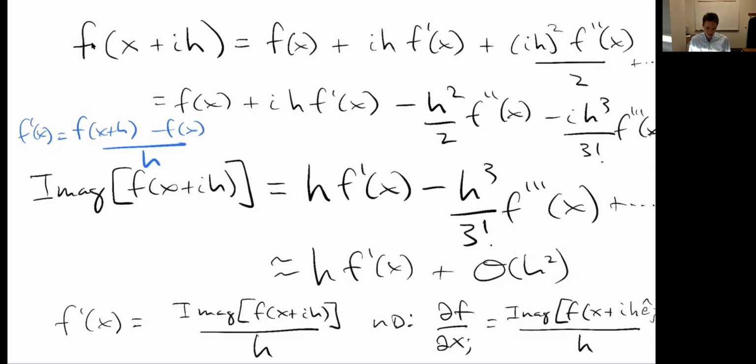It still has its downsides, right? So for example, I have to evaluate this nx times. So if I had 30 design variables, I've got to evaluate my function 30 times. And the cost is more than forward finite difference. I'd say it's more comparable to central difference, because even though we evaluate this only once for each direction, we have to carry both the real and imaginary part. So it's effectively double the cost.